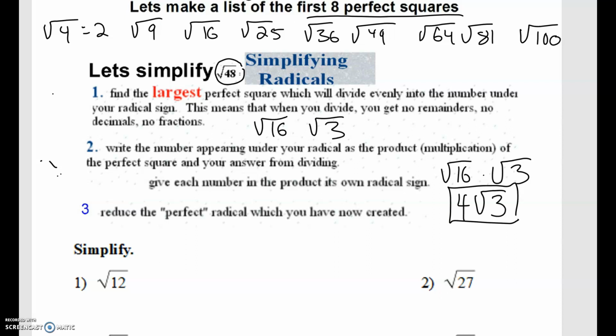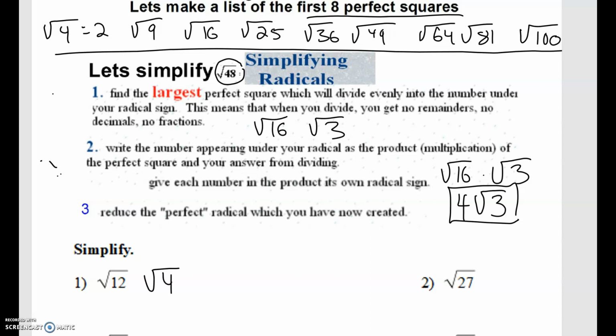Let's try a couple more, see if you get the hang of it. Let's go with 12. Which one of these numbers on the top here will go into 12? That would be 4. So 4 times 3 is going to be 12.